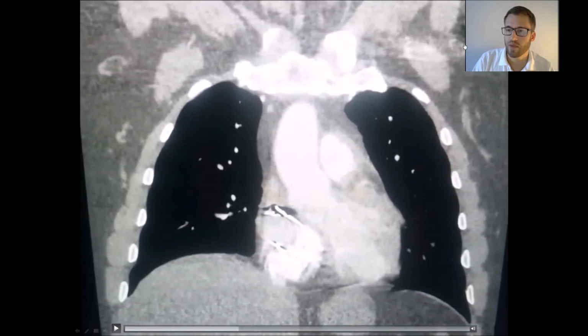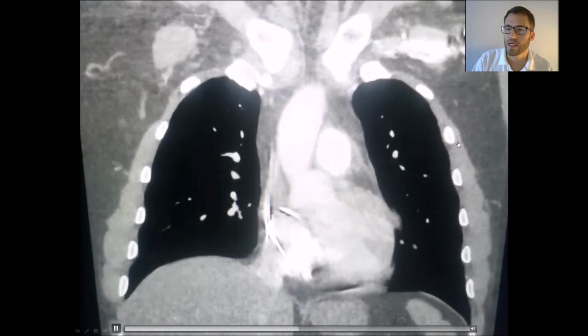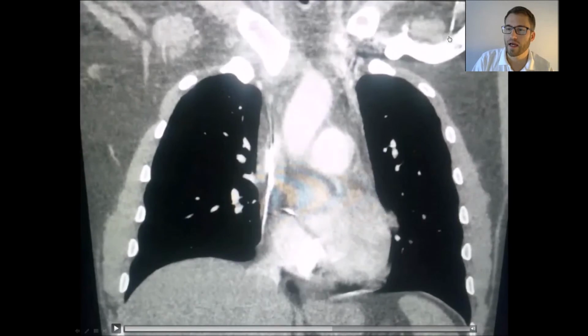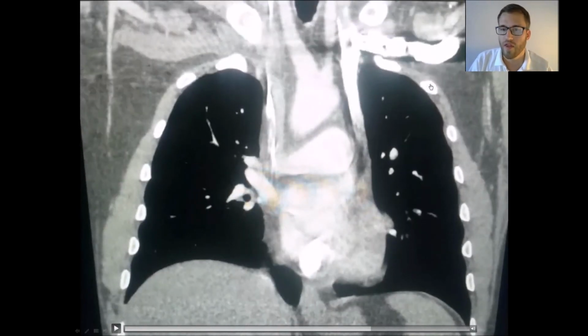The contrast will come from here, from the cubital vein into the subclavian vein, and then have a look where the next course is taking. The subclavian vein is now already filled, and now there it goes down.